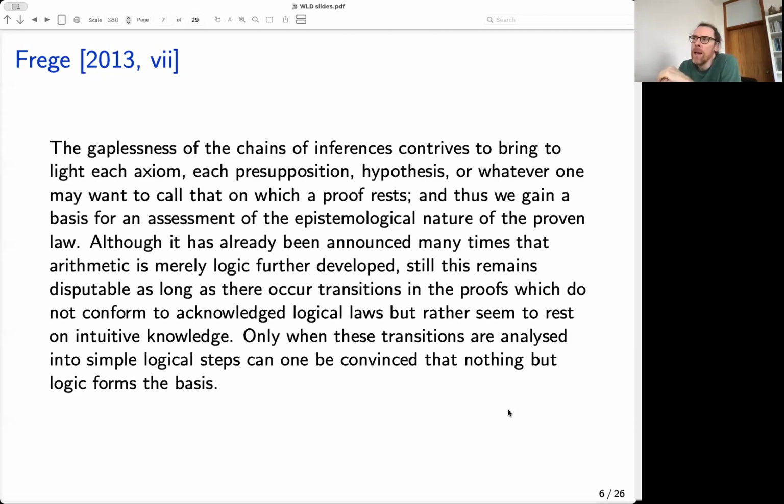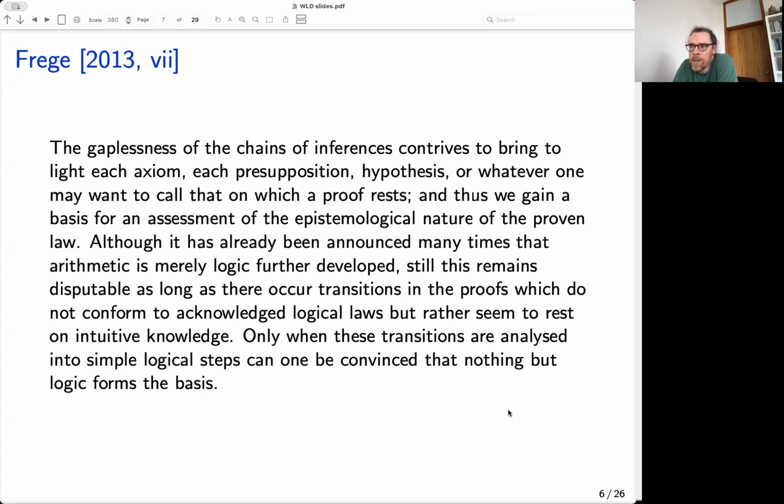He says, the gaplessness of the chains of inferences contrives to bring to light each axiom, each presupposition, hypothesis, or whatever one may want to call that on which a proof rests. And thus we gain a basis for an assessment of the epistemological nature of the proven law.